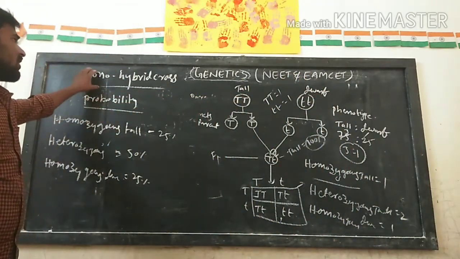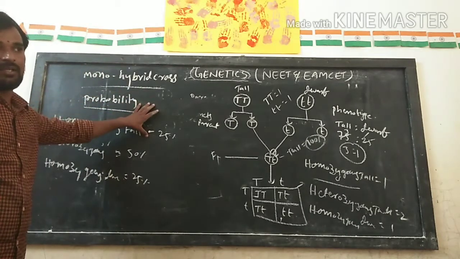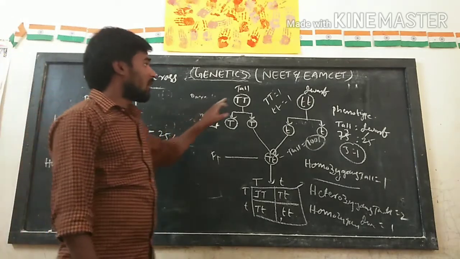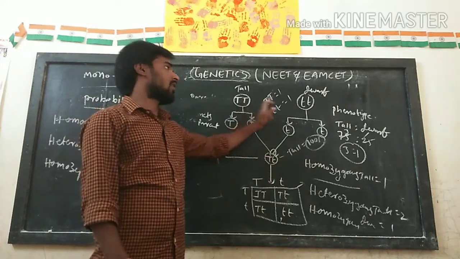By using the monohybrid cross, Mendel explained the law of dominance. What is the law of dominance here? Any one of the parental characters acts as dominant, either tall or dwarf.